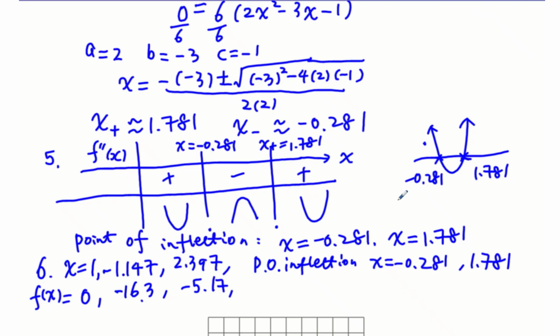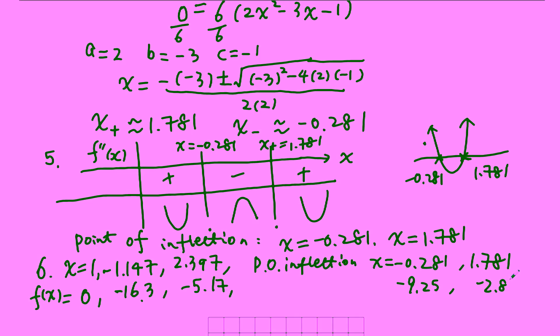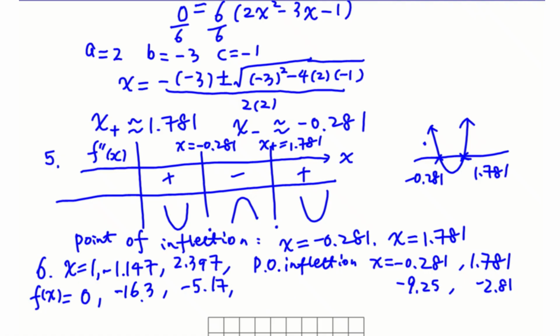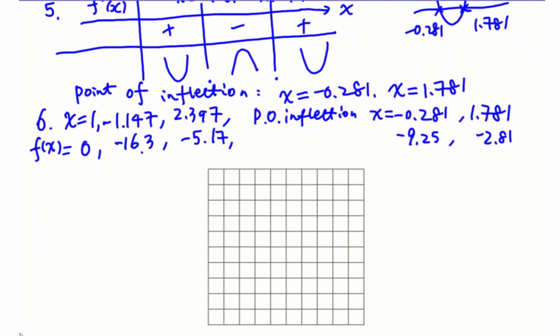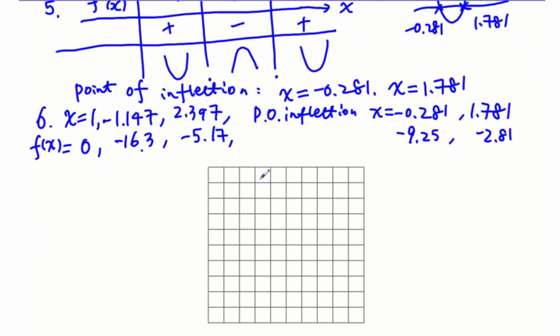So subbing negative 0.281 gives negative 9.25 for f of x, and 1.781 gives us negative 2.81. So we have those 5 points we could put on the graph more accurately. So now we are going to draw the graph.